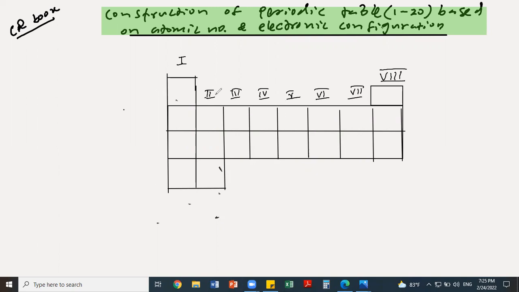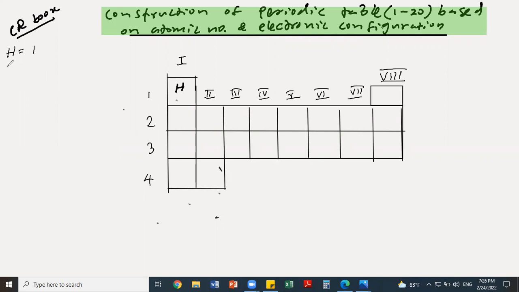On this side we put the rows: first row, second row, third row, and the fourth row. Now by looking at the configuration, you can decide the position of the element in the periodic table. For example, hydrogen is 1. Hydrogen, the first element, has configuration 1, therefore it comes here.